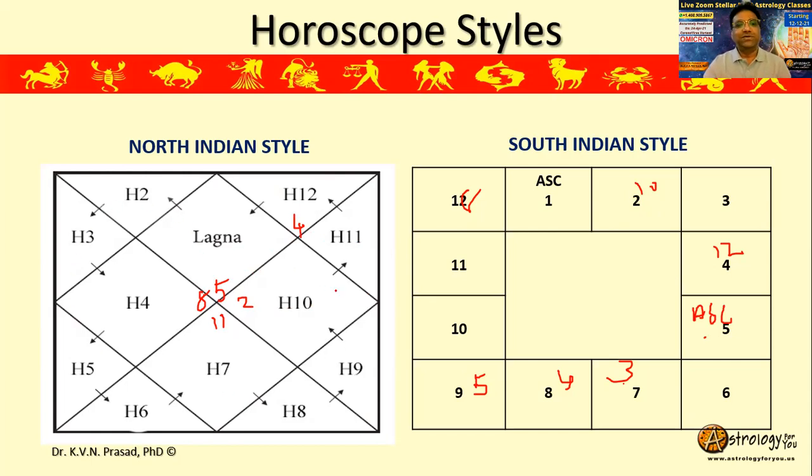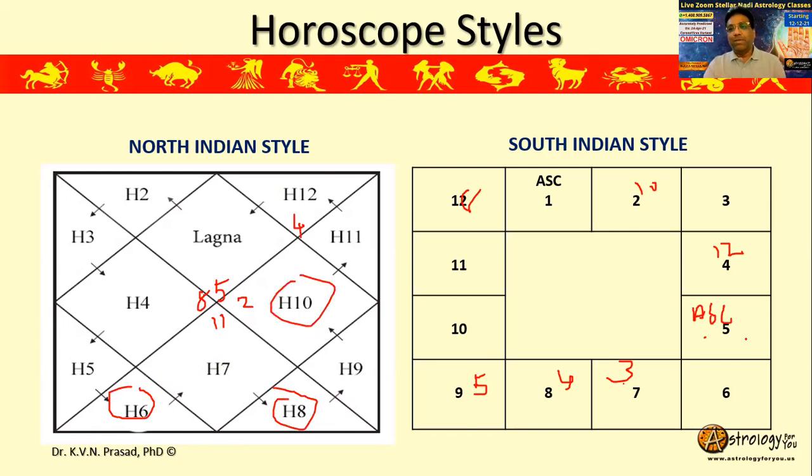If somebody says you have a planet in the 6th house and 8th house, this will be the result. Let us assume that. In North Indian style, you don't have to count where the Lagna is. You can straight away look at this house and that house. If somebody is asking about profession, you can straight away look at this house and see what planets are sitting there.